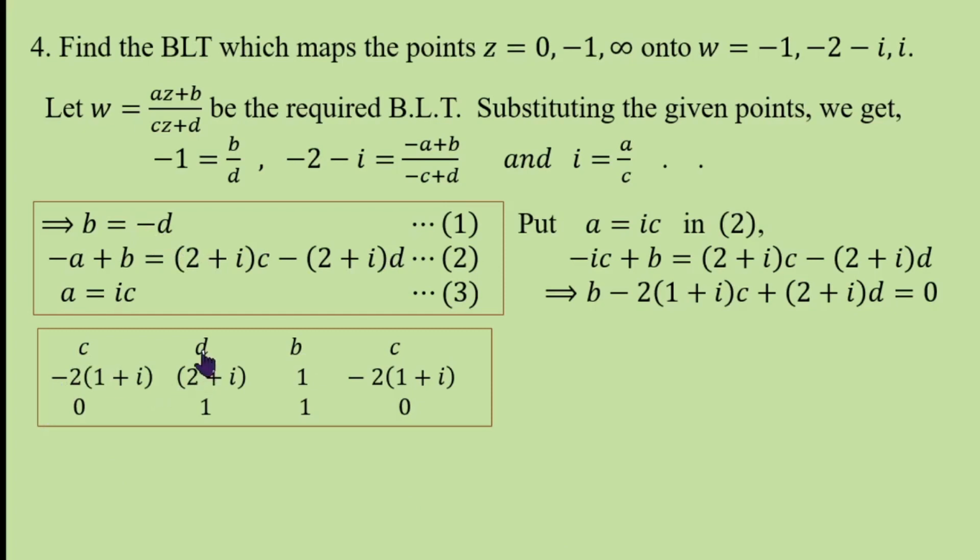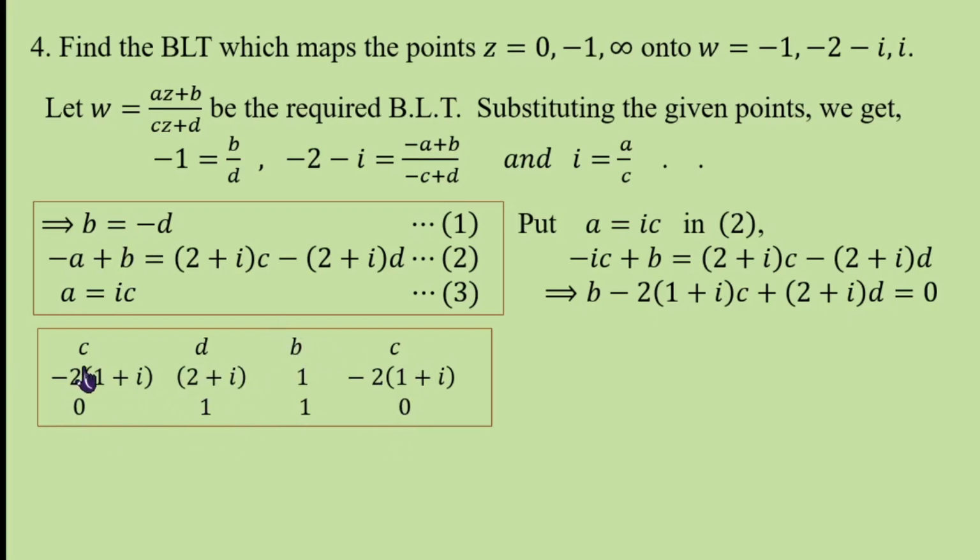Therefore, the coefficients are C, D, B, C. Here C is minus 2 into (1 plus i), D is 2 plus i, B is 1, again C is minus 2 into (1 plus i). In this equation, B plus D equal to 0 means C is 0, D is 1, B is 1, C is 0. So B, D, B, C.